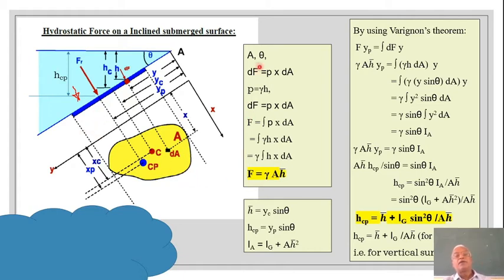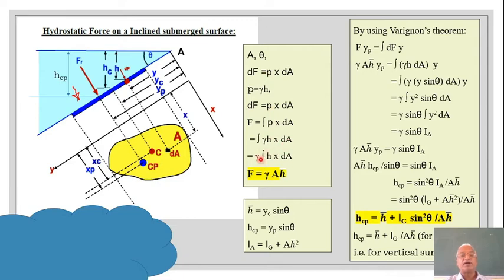Now again here dF, that is a differential force acting on dA, will be equal to P into dA, because dA is the area and pressure intensity is P. P is given by gamma into H, because H is the depth and gamma is the unit weight. So if I substitute for dF, it will be gamma H into dA.